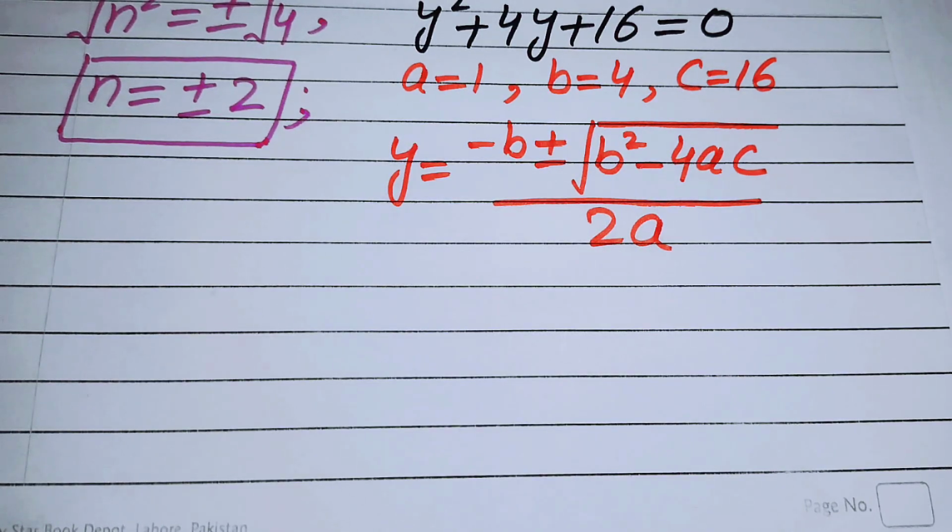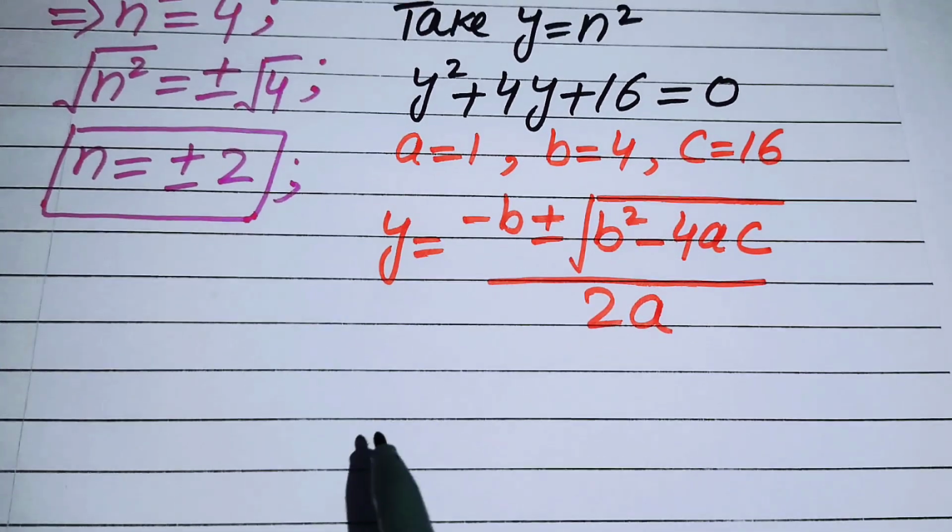Now we put all the values of a, b and c in this formula, and we get its output in this form.